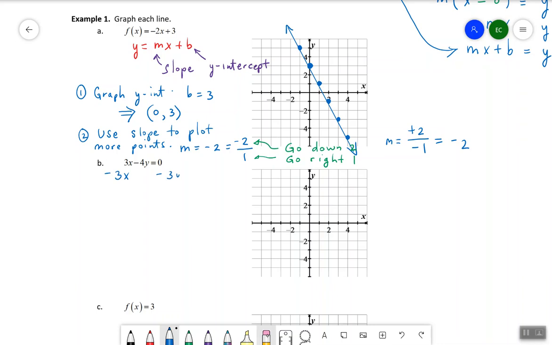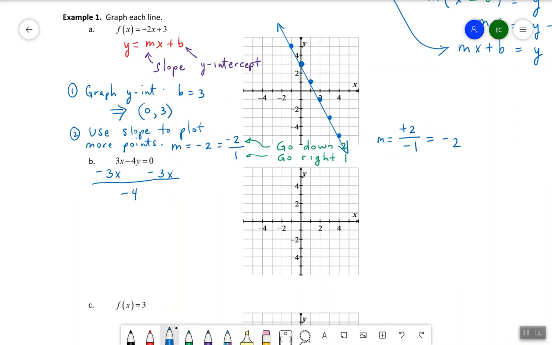And of course what we're doing is solving for y. So we're going to have -4y equals -3x. And then when we divide by -4, we get y equals 3/4 x.